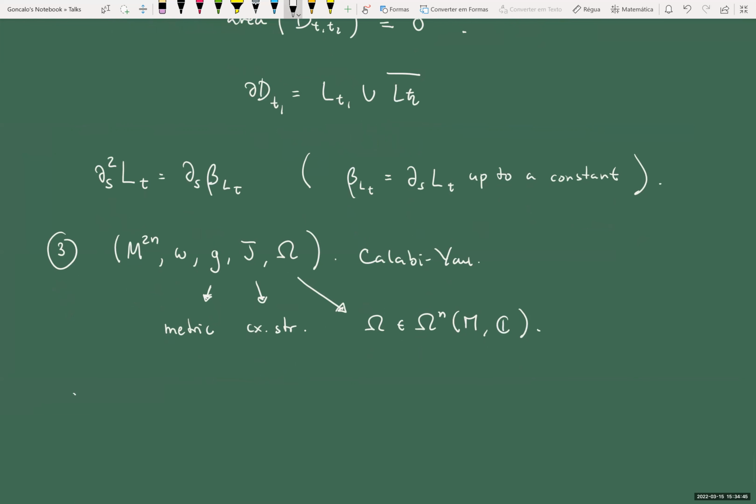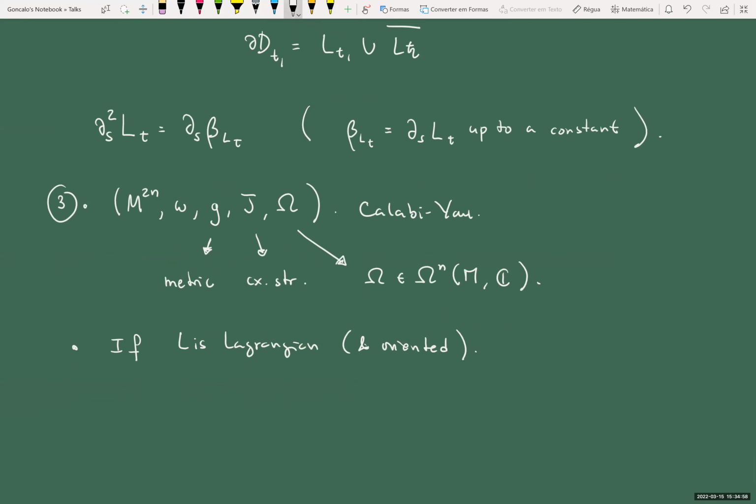An important point is that if L is Lagrangian and oriented, then you can consider omega restricted to L. It turns out that this has norm 1. But you also have the volume form on L given by the induced metric, and that also has norm 1.